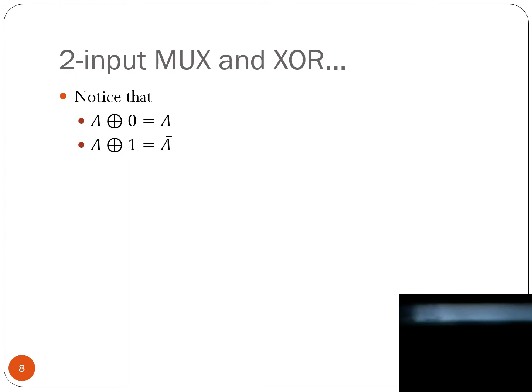Let's see the calculus of the XOR gates. Let's suppose the original signal is A. If A XOR 0, the output of the XOR gate keeps unchanged. It's still A. But if A XOR 1, then the output of the XOR gate has been flipped. It becomes not A. So that's why we can flip it.